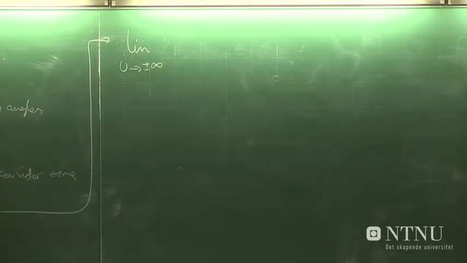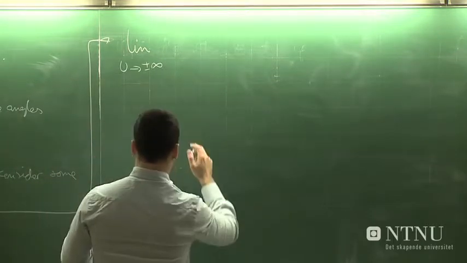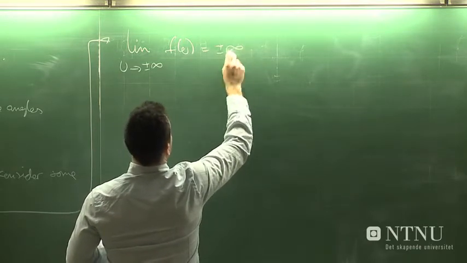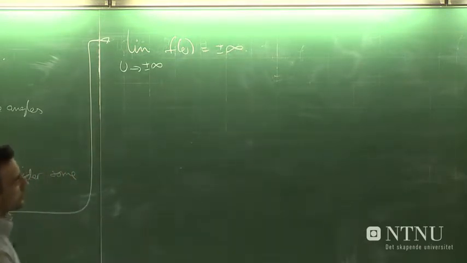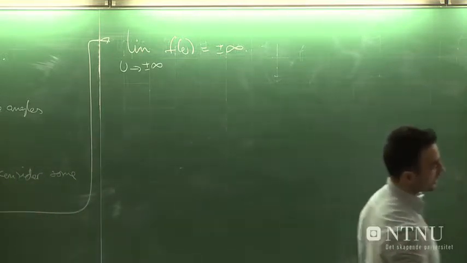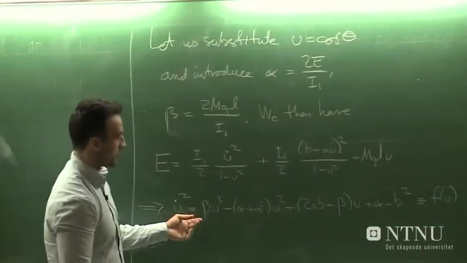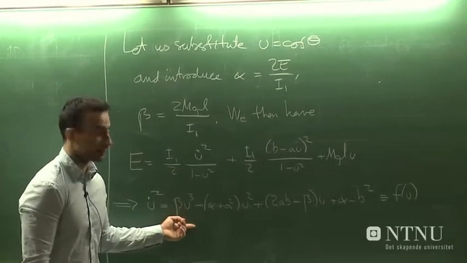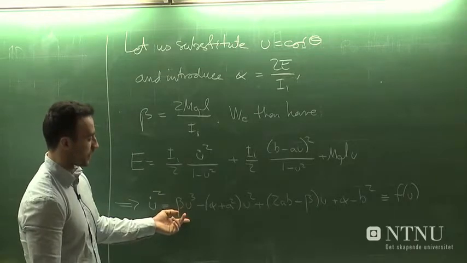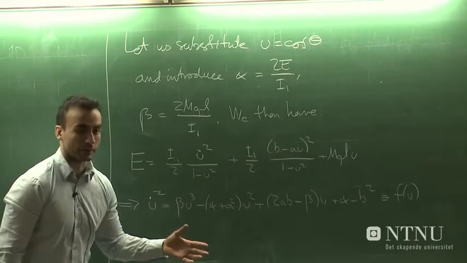Well, one limit is when u goes to plus minus infinity. Then f of u also goes to plus minus infinity. And how can we see this? Well, for large u, this third order term should dominate. And beta is a positive quantity. And so, depending on the sign of u, it goes to either plus or minus infinity.